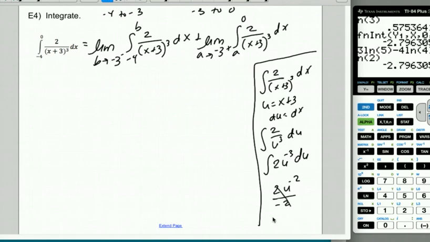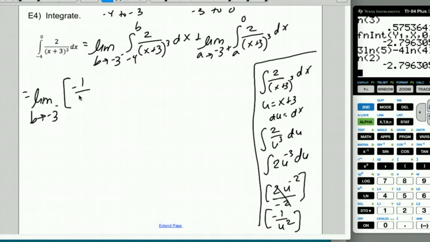So we're going to end up getting negative 1 over u squared. It's not awful to integrate that off to the side ahead of time, because the limits alone are kind of annoying and complicate the situation. So we're going to go ahead and make this negative 1 over x plus 3 quantity squared from negative 4 to b, right?